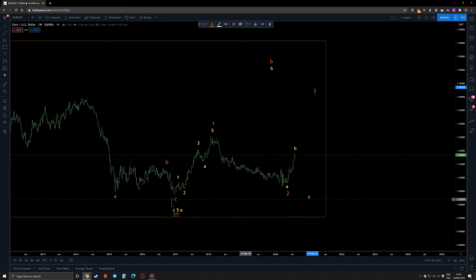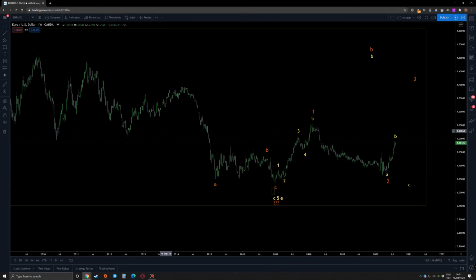Now the scenario changed, because we were looking for ABC. Now look, if this is 1, this is 2, then this is 3, the situation changed. If I start my count from here, let's say this is the wave A, now this has to be wave B. And now look, the previous C wave changed. This has to be the C wave.